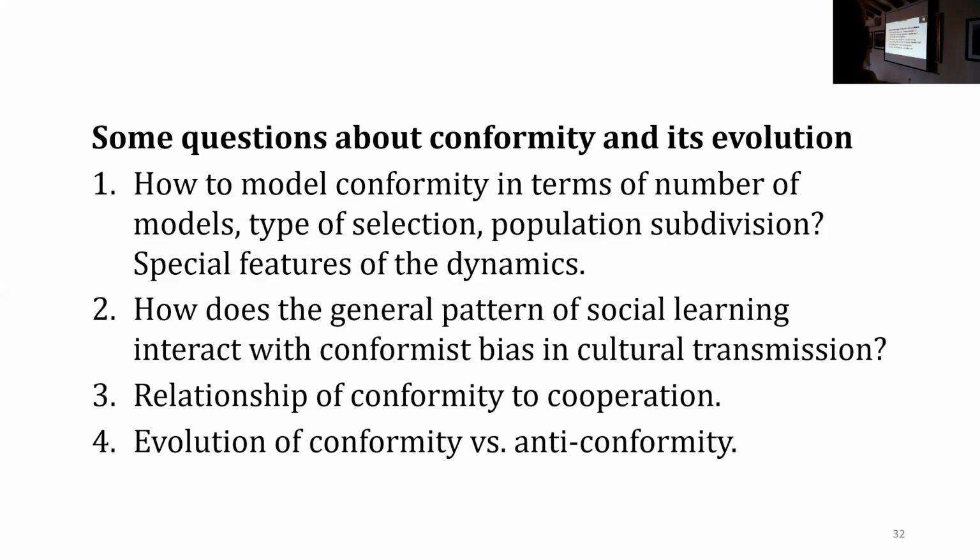Is the population subdivided or not? We have to look at the features of the dynamics of whatever trait you're interested in. How does the general pattern of social learning interact with conformist bias? What's the relationship between conformity and cooperation? And how do you decide whether there's going to be conformity or anti-conformity evolving?